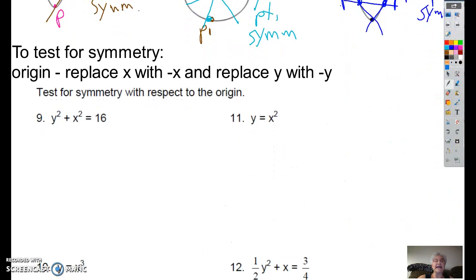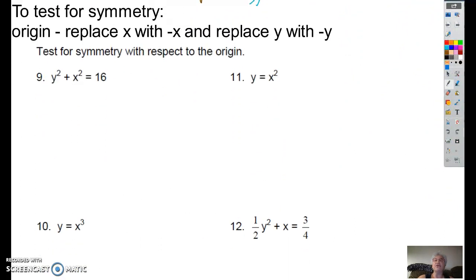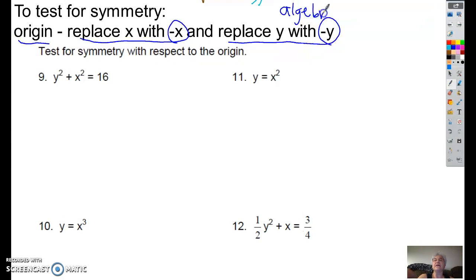Okay, our last test is going to be for origin symmetry. And when we test for origin symmetry, we're going to replace both x with negative x and y with negative y to test algebraically in the equation.